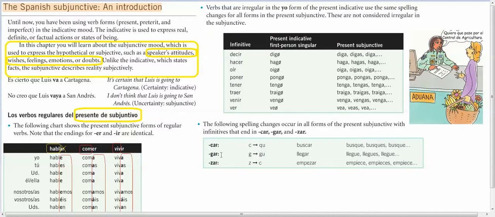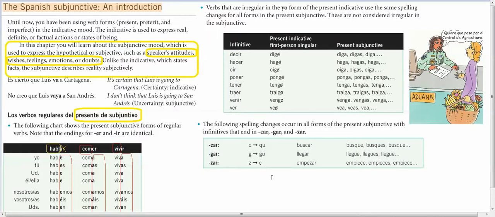E next to C would change the C from a K sound to an S sound. And G next to E changes your G from a G to an H sound. But if the verb originally has a K and a G sound, we want to keep that sound. And remember that with Z's, you can't ever put a Z next to an E. It always ends up changing to a C.